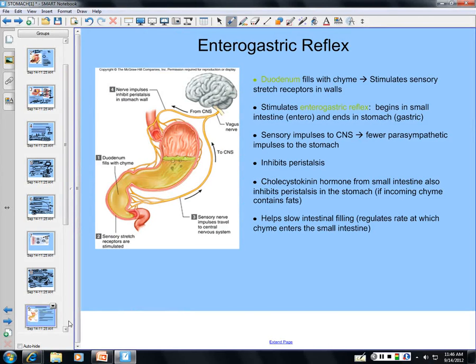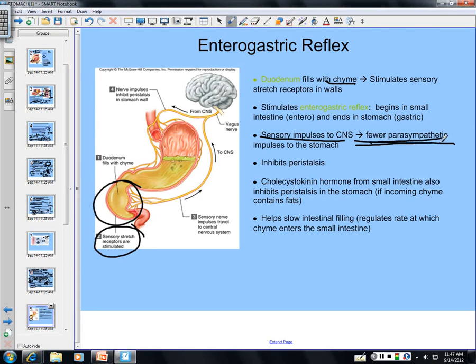So the same enterogastric reflex, repeated. When the duodenum fills up with chyme, stimulatory sensory stretch receptors are stimulated, because food has entered here. This will stimulate the enterogastric reflex. What will this do? Impulses are sent to the central nervous system, and as a result, fewer parasympathetic impulses reach the stomach.